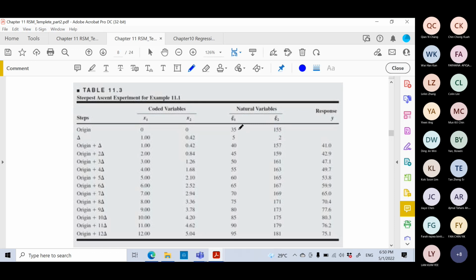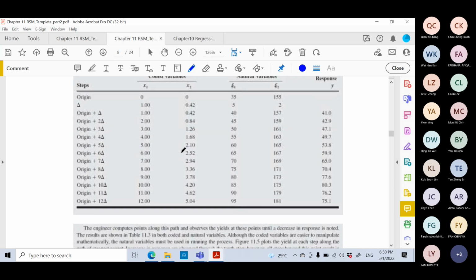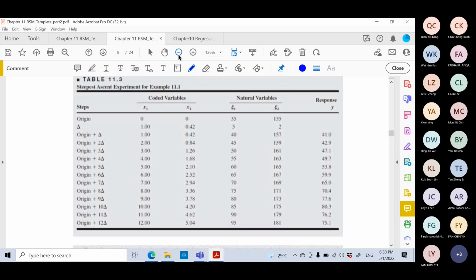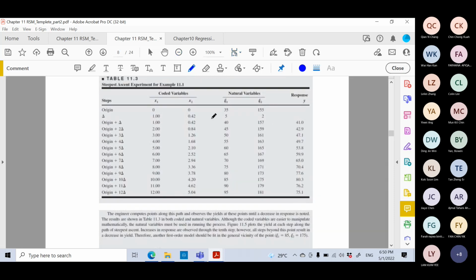So how about our step size? What is the change of the step size here? If you want to find the step size, how do we get the 0.42 here? After we know that, then we will know the size of the 5 here and the 2 here.